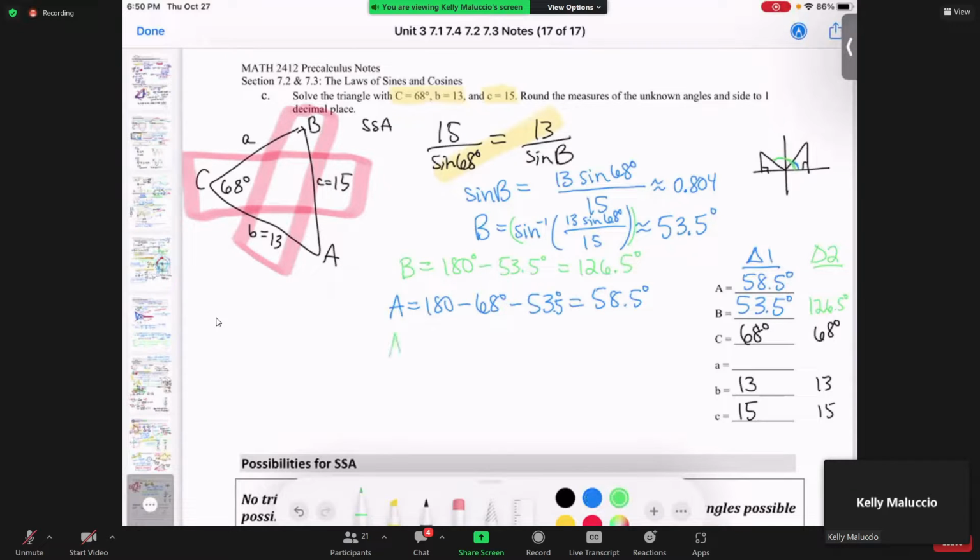But then I go here, I get A is 180 minus 68 degrees, minus 126.5 degrees. Okay, I don't know about you, but I get negative 14.5 degrees. Eek, that kind of seems like that shouldn't be true, right? That seems like we shouldn't be able to do this. So we get a negative number.